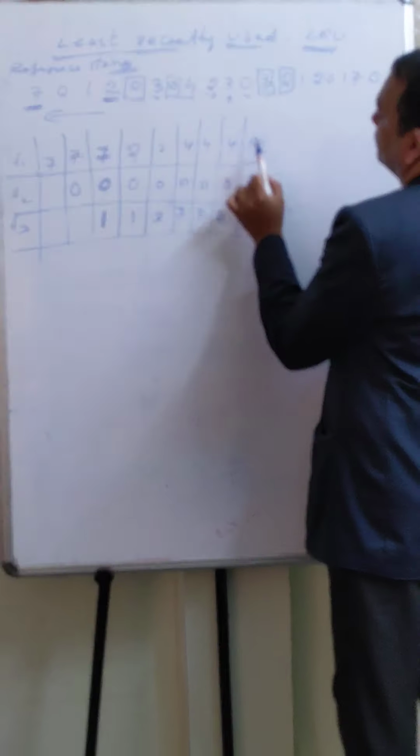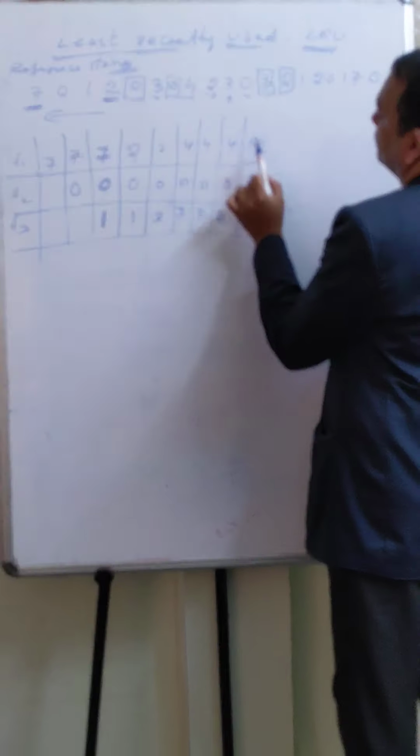This is also done. Now page number 2, we'll see how it is going to be replaced. 1 is here, 3 is here, and now 2. 1 is already found, so this is a page hit, no need to replace. Now 2 is also there, no need to replace.